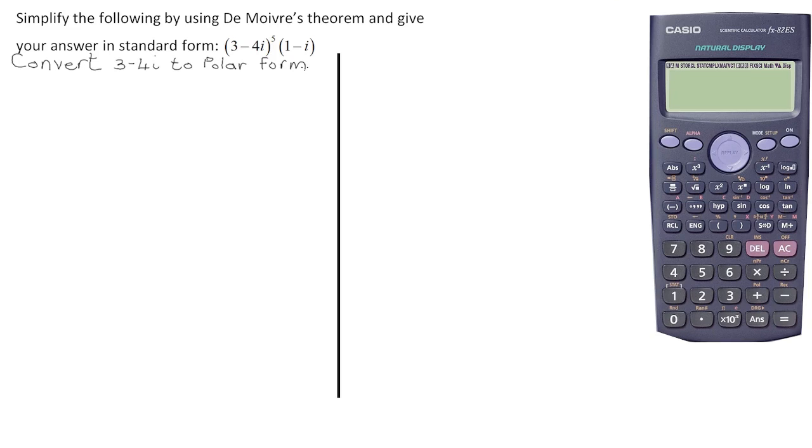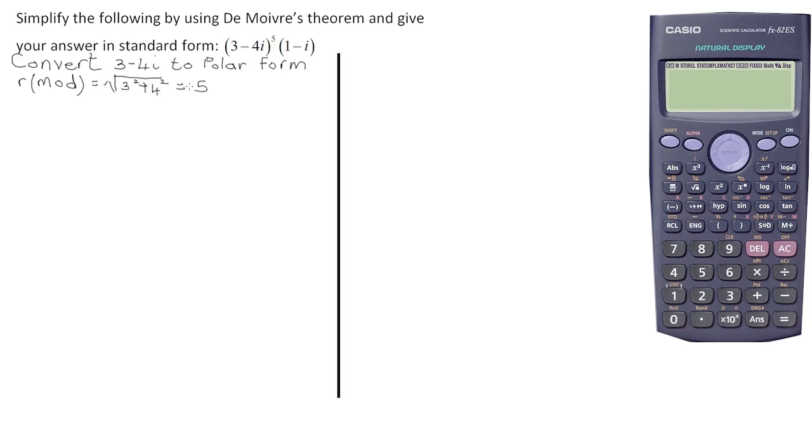When you convert to polar form, the first thing that you must calculate is your modulus. So r, the mod, is equal to the square root of real squared plus imaginary squared, and that is equal to 5.